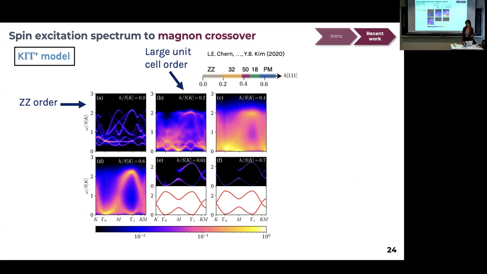But at finite temperature, you see that these magnon bands that would usually be associated with magnetic order start to blur together because these unit cells are so large. And the size of your unit cell corresponds to the number of magnon bands that you should see. So when you have large unit cell orders, they just look all blurry together.